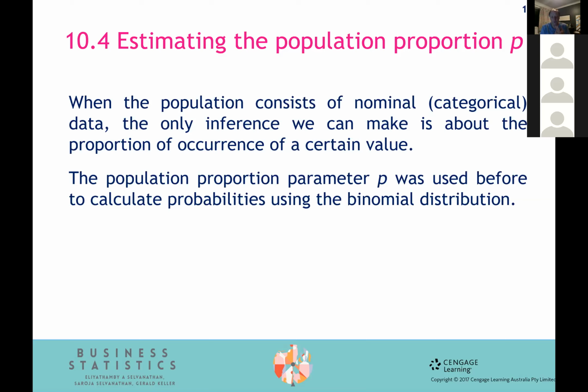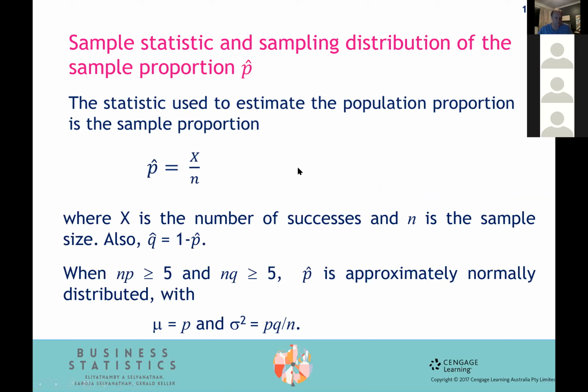Okay, proportion. You remember the old classic example where I draw beads and there's red beads and white beads? That's when you deal with proportion. Now I'm just going to basically skip through this quickly. You use the same technique. You draw a sample and you calculate the proportion in the sample.